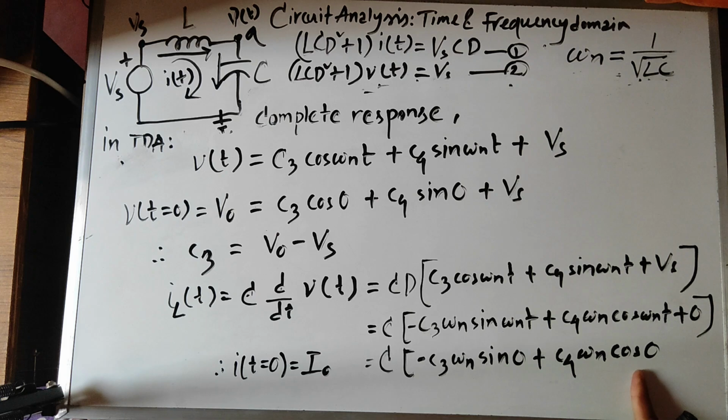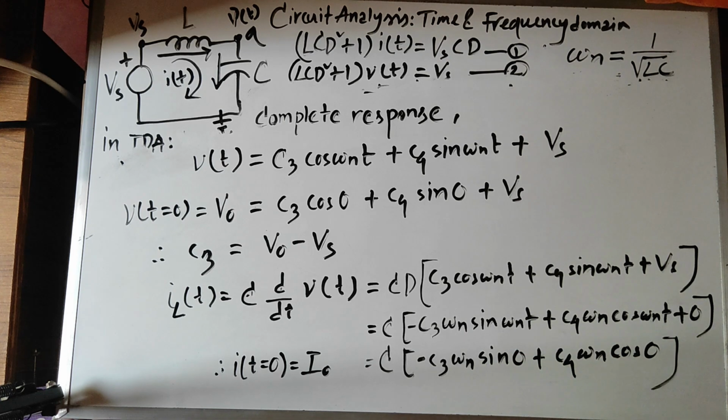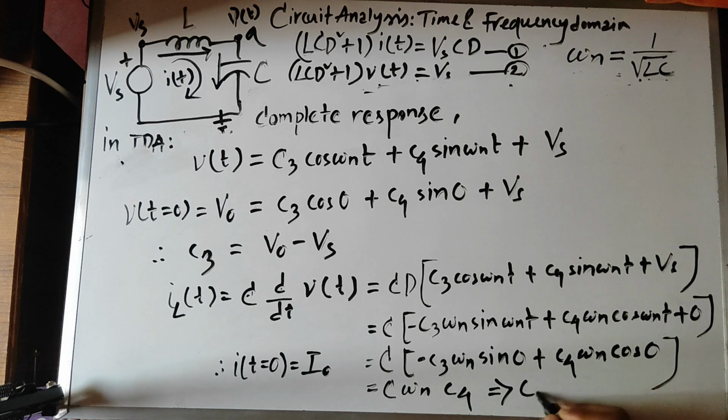Sin 0 is 0 and cos 0 is 1 at t equals 0, so this is what it is. Now if we write it here, it is C omega n c4, which will give us eventually c4 equals initial current by omega n cross capacitance.